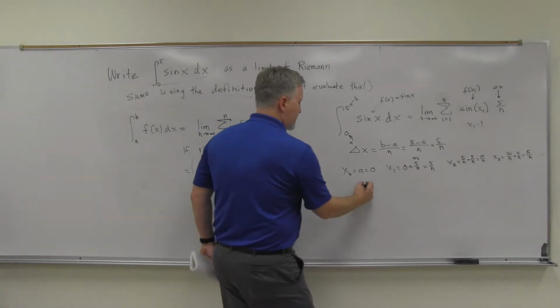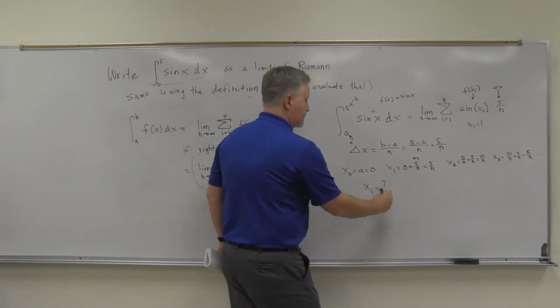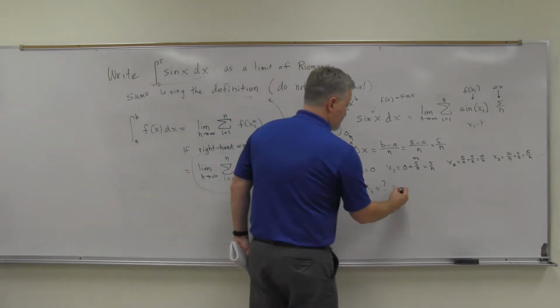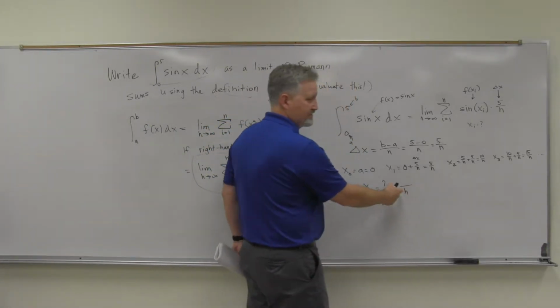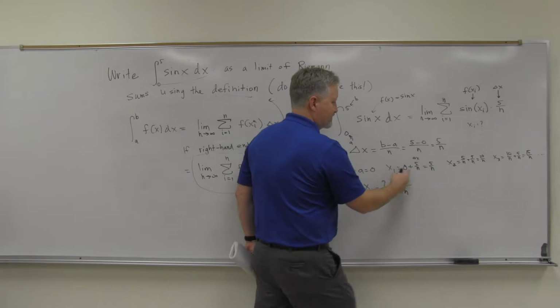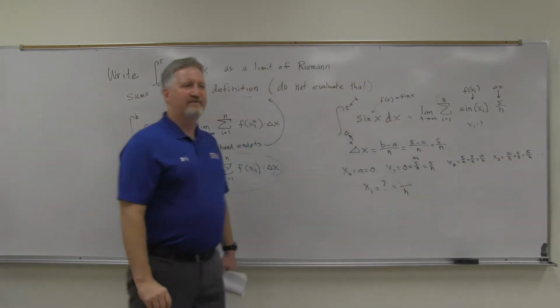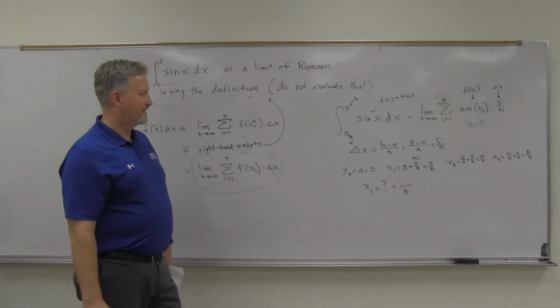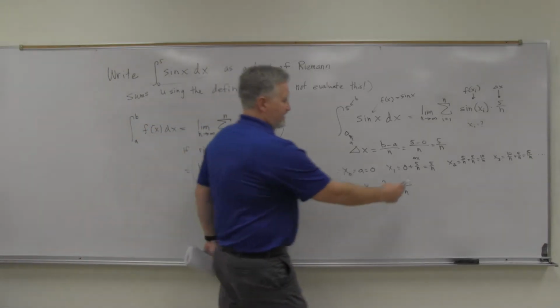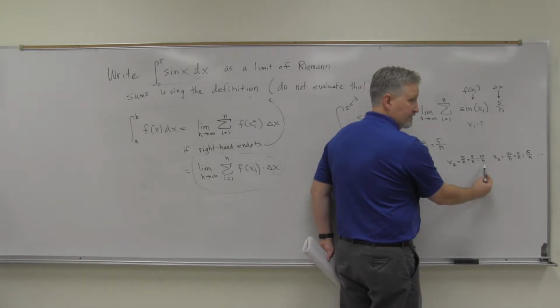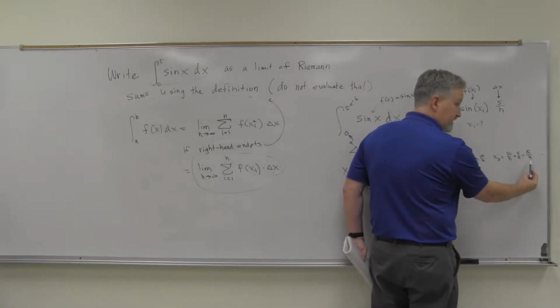So what would x sub i in general be? Well, we definitely know the denominator is n, because each one of these has a denominator of n. The question is, what's the numerator? Just look at it. This is 5 over n for x sub 1. x sub 2 is 10 over n. x sub 3 is 15 over n.